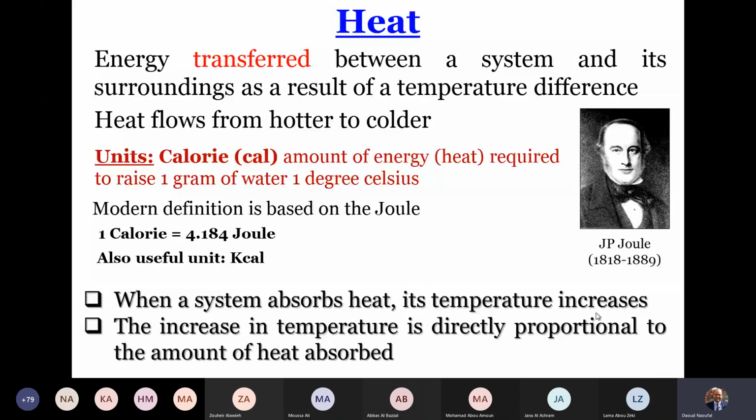As the heater gives more and more energy, the temperature of the system will increase. As the energy absorbed increases, the temperature of the system will increase.